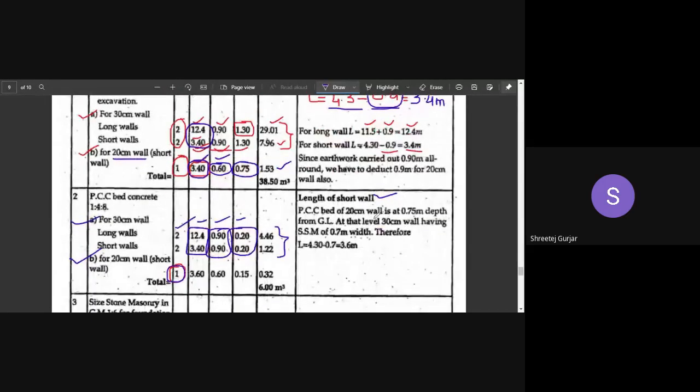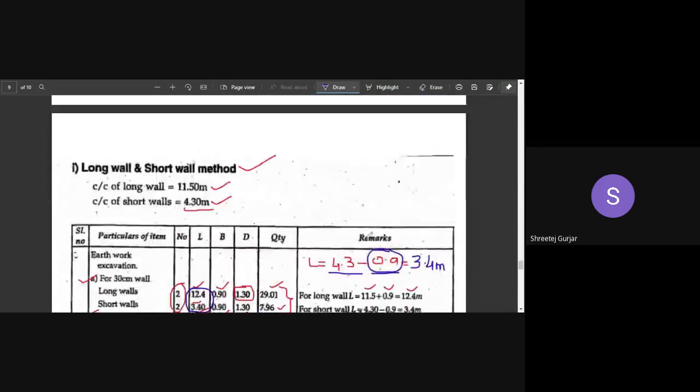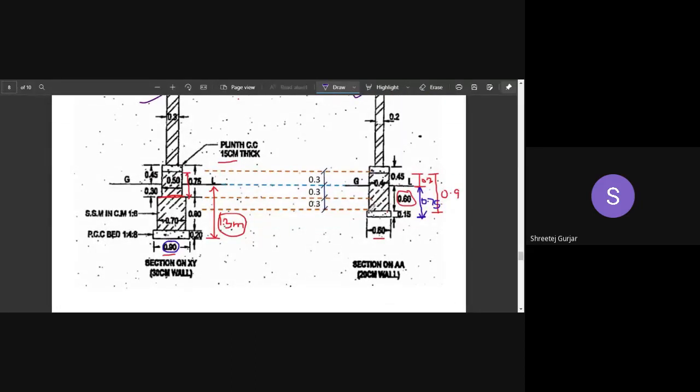Next, at that level, the 30 centimeter wall has size stone masonry of 0.7 meter width. At this level you can see that we have a 0.7 meter width size stone masonry, right?